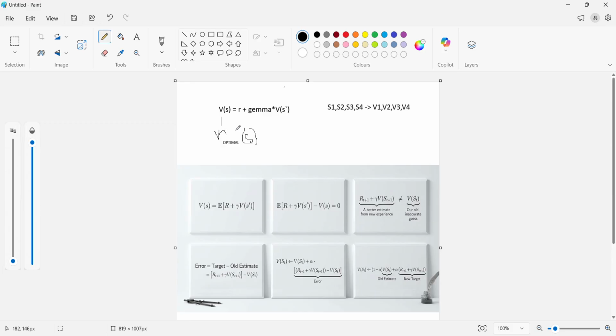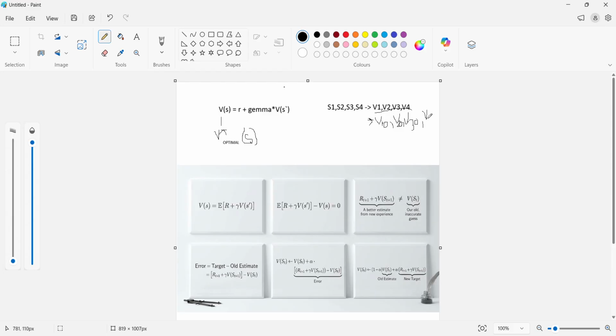Let me reframe my words. From randomly initialized V values, we are trying to find the most optimal V value for each of these states. So initially we start with V1, V2, V3, V4, and what we are trying to find is V1 optimal, V2 optimal, V3 optimal, and V4 optimal.